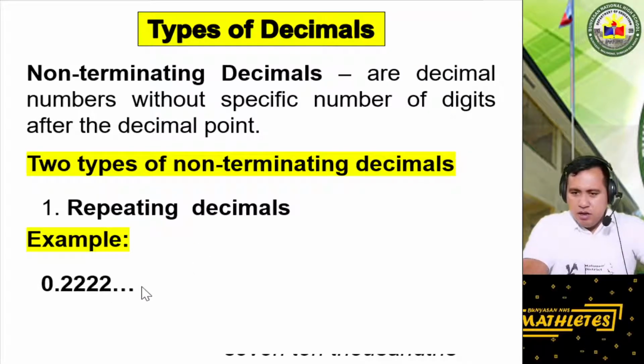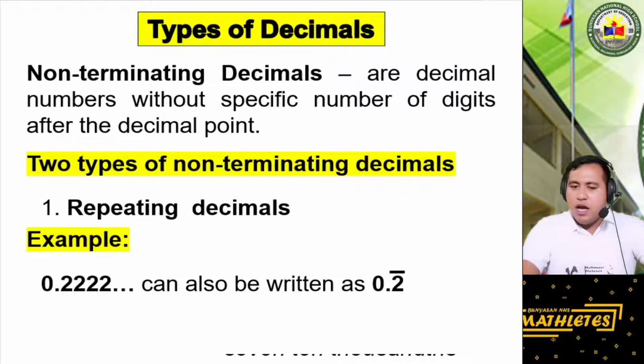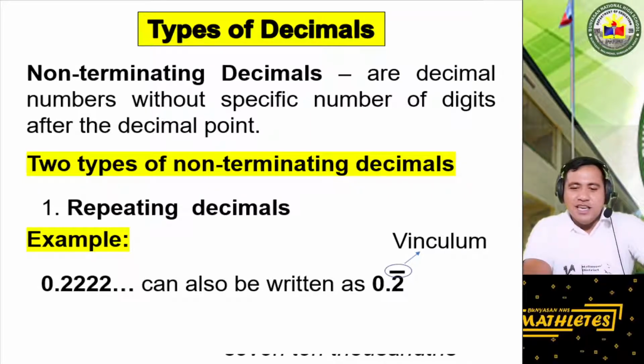But mas sayon siya isulat, it can also be written as 0.2 with bar sa babaw. Kanang bagit sa babaw is called a vinculum. That means that digit or number magbalik-balik.